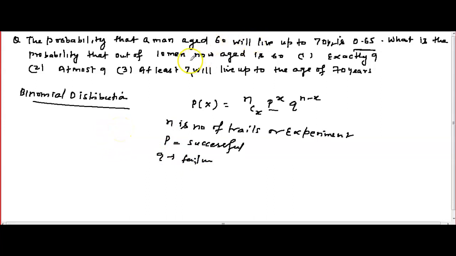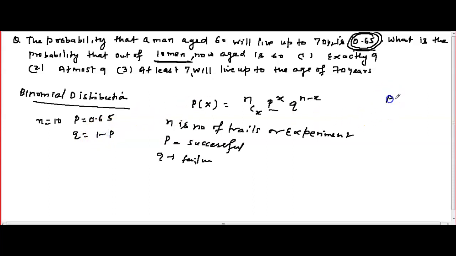So here we can see 10 men is taken as the experiment, so n is equal to 10. And the p value is whatever is given in the question, which is 0.65. So p is 0.65, and q is equal to how much? 1 minus p, right?